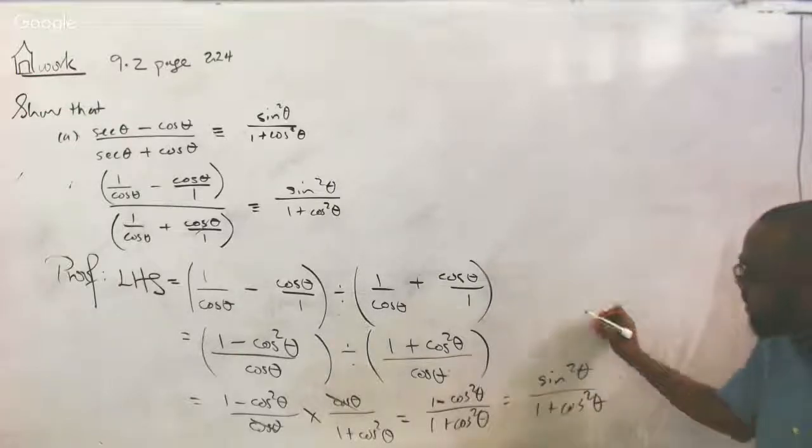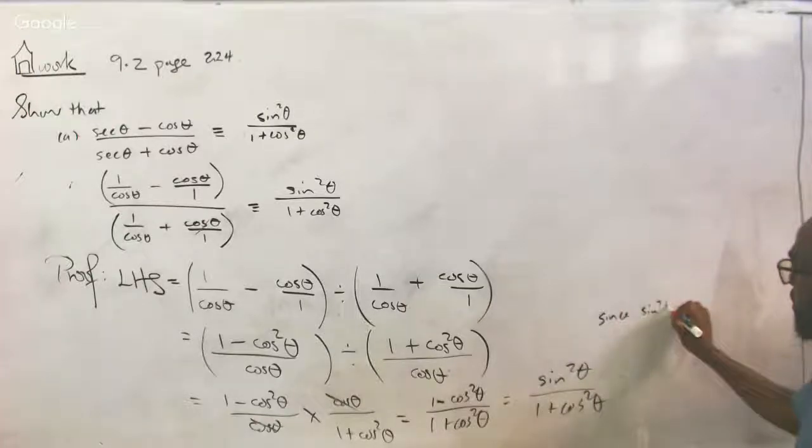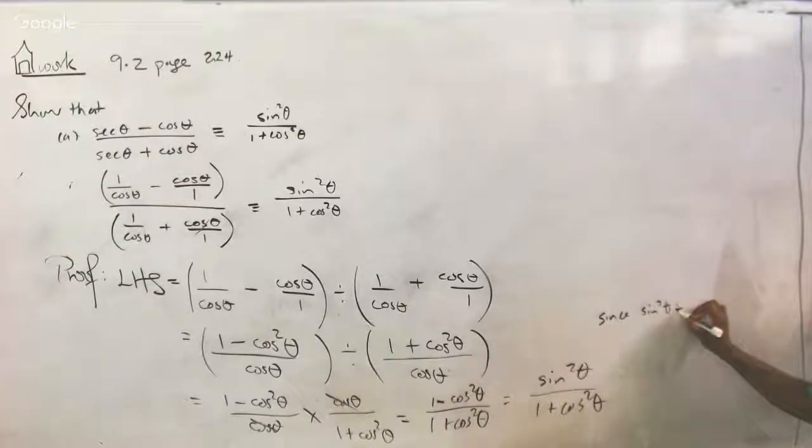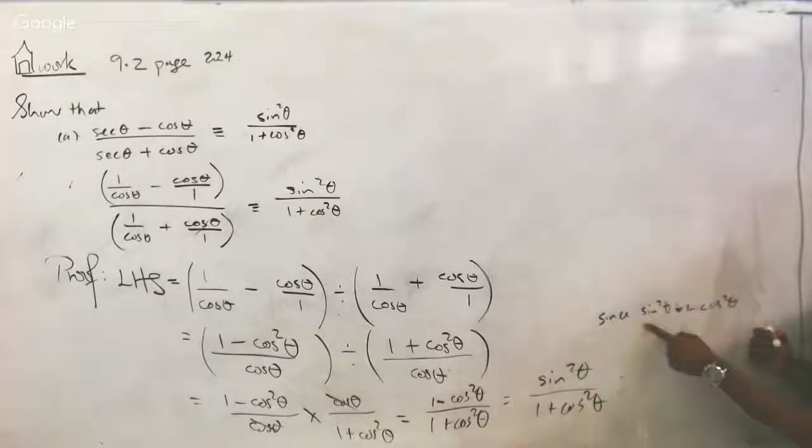But it's really because sine squared theta plus cosine squared theta equals 1, so sine squared theta is equal to 1 minus cosine squared theta. And if you transpose it, you see that sine squared plus cosine squared equals 1. Right? So when you stop, identity is key.